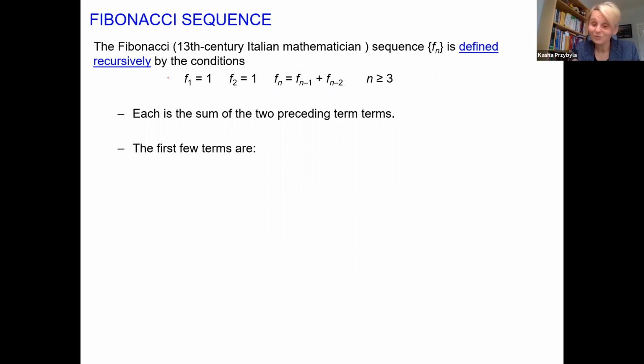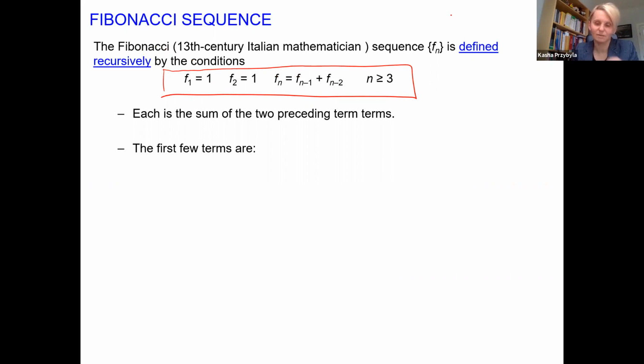One of the best examples of the recursive definition is the Fibonacci sequence. Did you ever hear about the Fibonacci numbers? Golden proportion, okay. That's the Fibonacci sequence. Because it's named after the Italian mathematician Fibonacci, instead of A we use F, but it's the same.